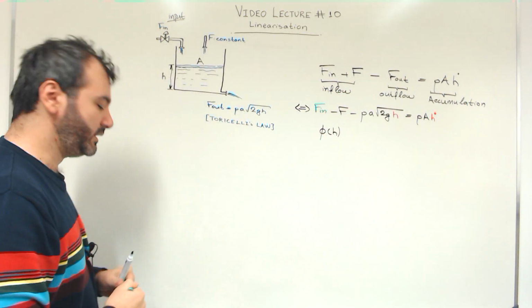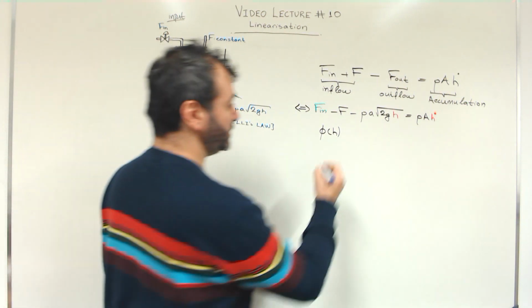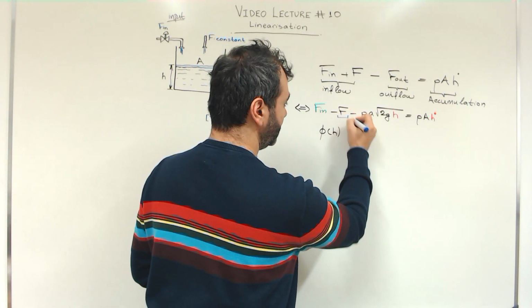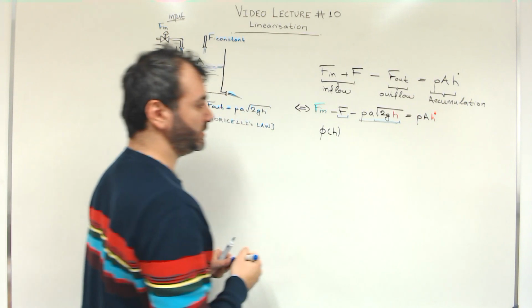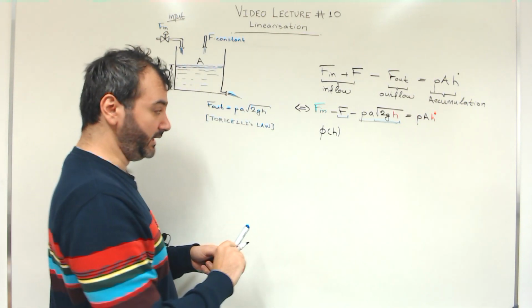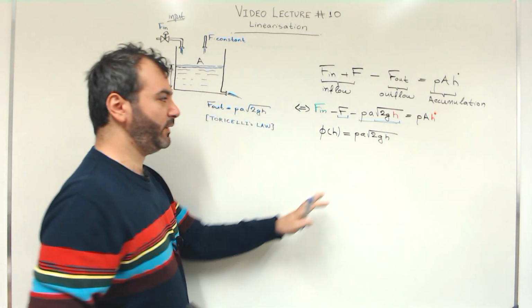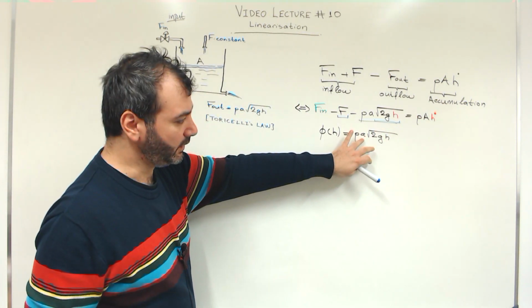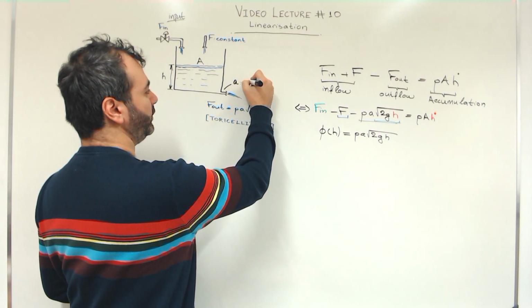So there are two reasons why this whole equation is not linear. First of all, we have the constant term. And second, we have this whole function of h, which is not linear. By the way, recall that a lowercase a is the cross-section area of the orifice.